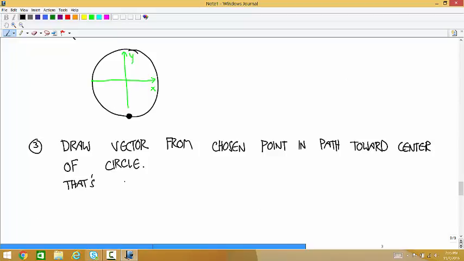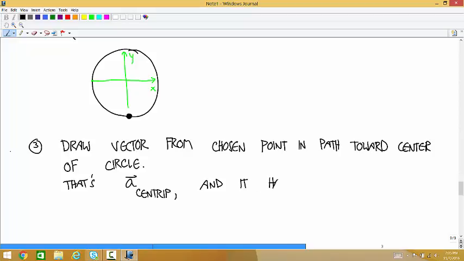That's the centripetal acceleration. Also the perpendicular part of the acceleration, the way we've been talking about it. So that's the centripetal acceleration.